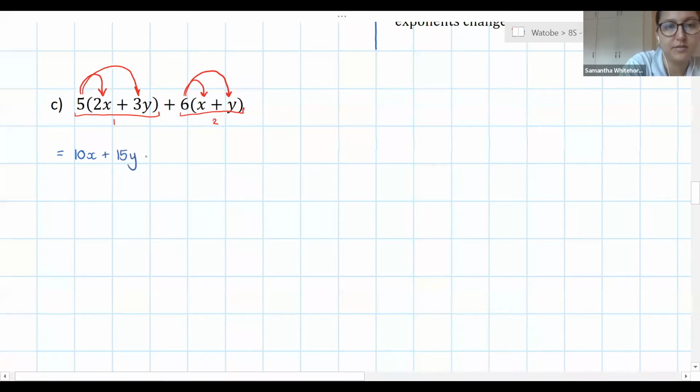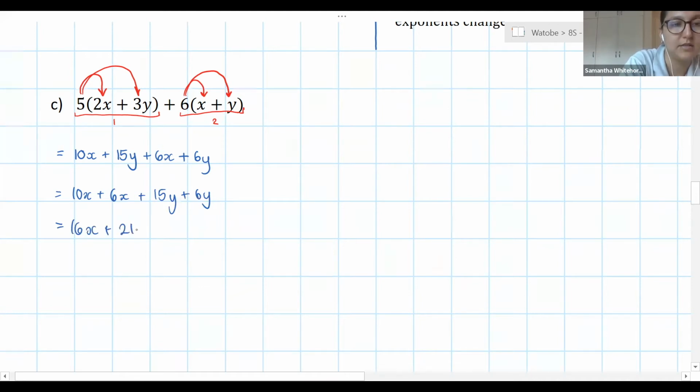And plus 6 times x, then I got 6x, plus 6 times y, then I got 6y. Good. Then I checked for the like terms, then I got 10 plus 6x, plus 15 plus 6y, which is 16x plus 21y. Excellent. Well done. Thank you, Theo.